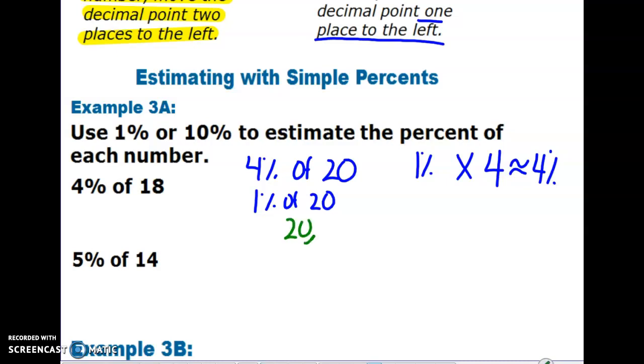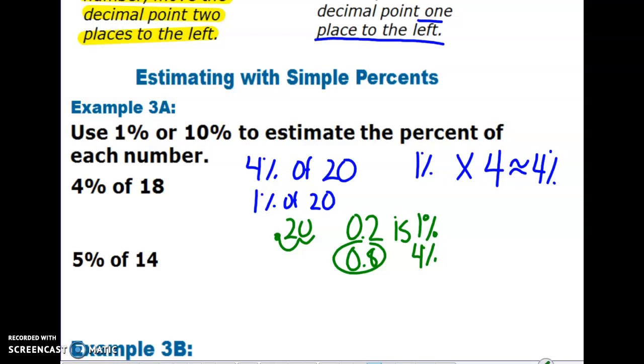So 1% of 20 is going to be 2/10. So if 2/10 is 1%, to find 4%, I'm going to multiply 2/10 by 4 and get 8/10. So 8/10 would be a good option for figuring out what 4% of 18 is going to be.